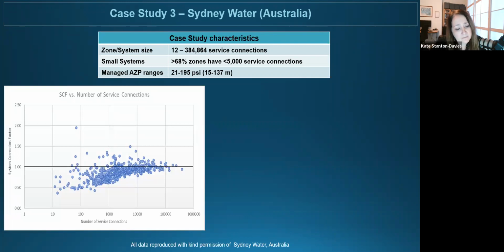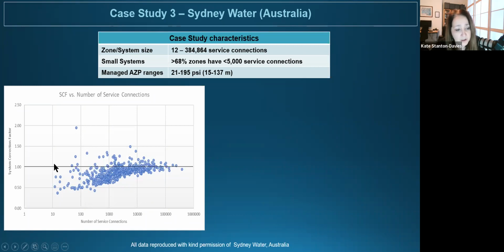Okay, again, the plot of the system correction factor on the y-axis against the number of service connections on a log scale on the x-axis. We have our value of an SCF of 1, representing the standard 1999 UARL calculation. Again, a bit like the calculations for Quebec, we can see a good spread of results sitting under 0.9, and we've got a few more popping up above an SCF of 1.2.